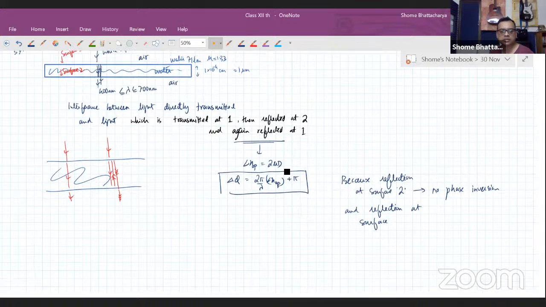My mistake again. Okay. See, when light is coming back and reflecting here also at surface 1, again no phase inversion.